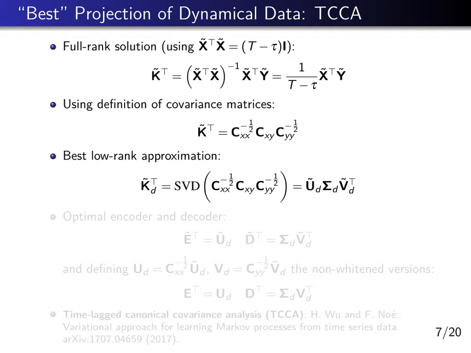The singular value decomposition of an arbitrary square matrix is an expression that we call U sigma V, and we have the little subindex d in order to indicate how many dimensions are used in the latent space.